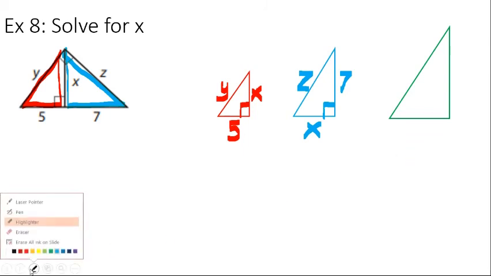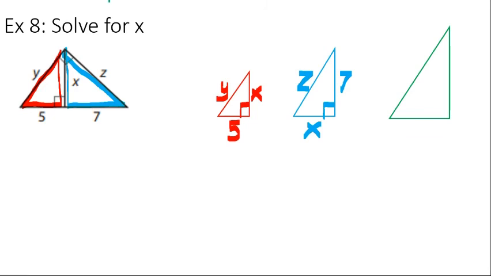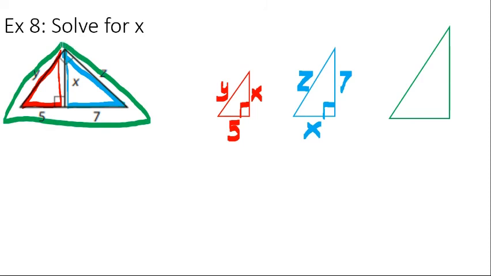And then my big triangle, which is the whole thing over here. So again, 90 degrees right here. Hypotenuse 7 plus 5 is 12. Okay, bottom side over here is y.